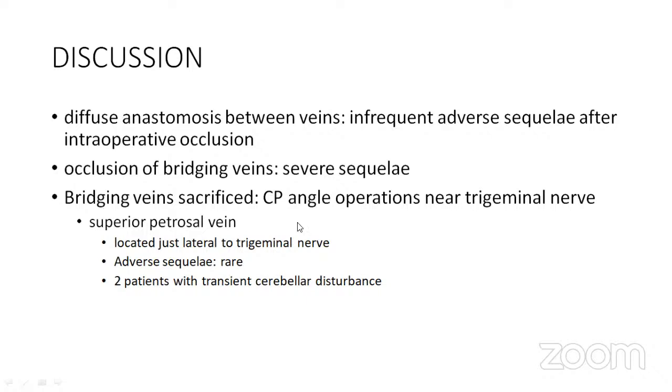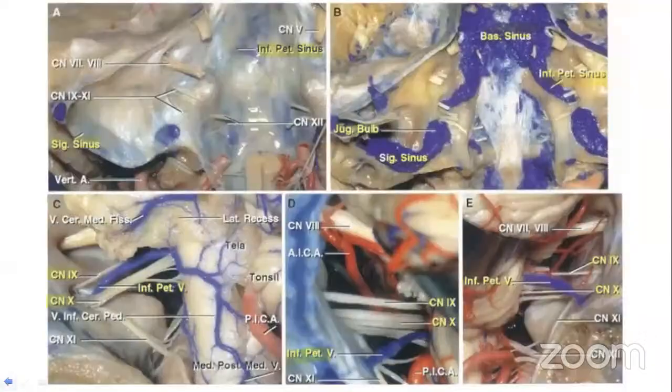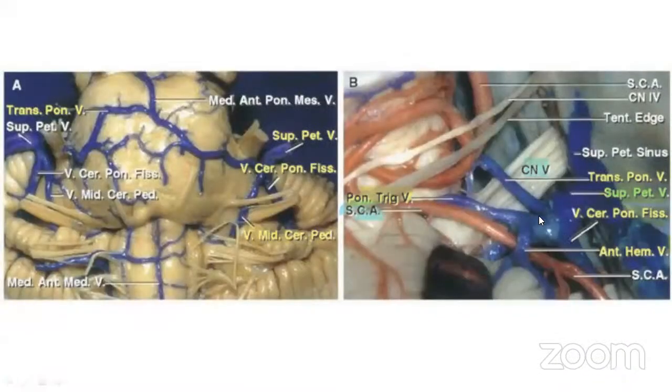Mostly bridging veins are sacrificed during CP angle operations near the trigeminal nerve compared to the 7-8 nerve and the inferior group. As we discussed in the previous slides, there's a complex of veins forming around the trigeminal nerve, which is prone to injury of the sinuses and the artery as well.